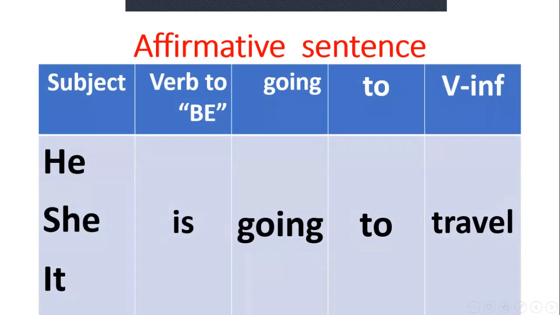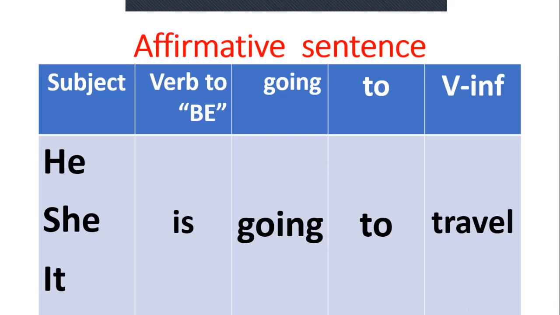He is, she is, it is. We can't say he are or she are, it's wrong. After verb to be, we must use going to.